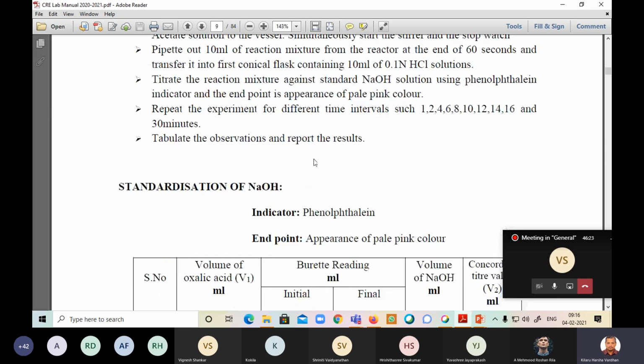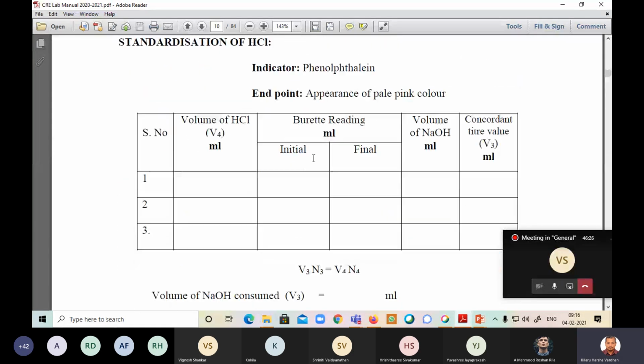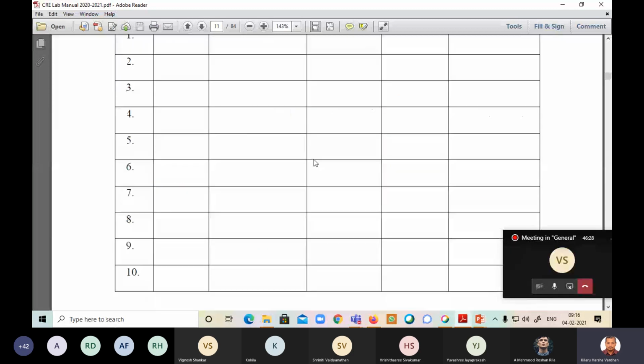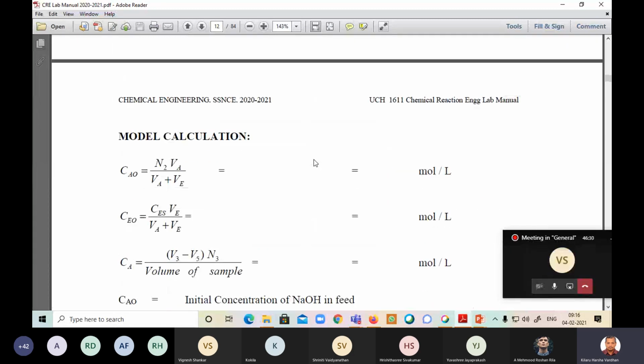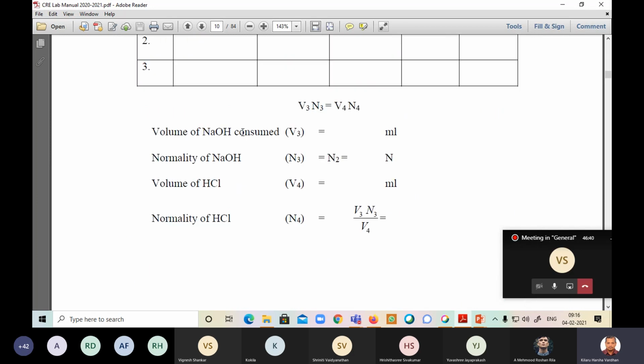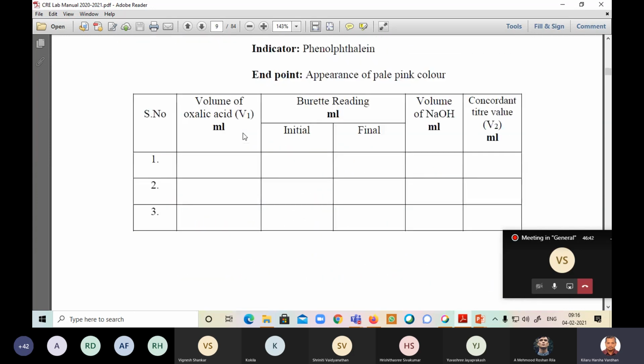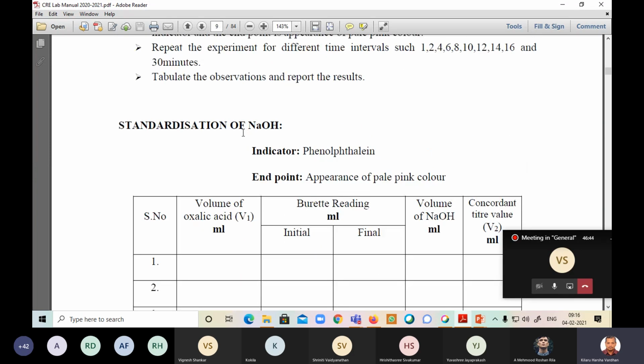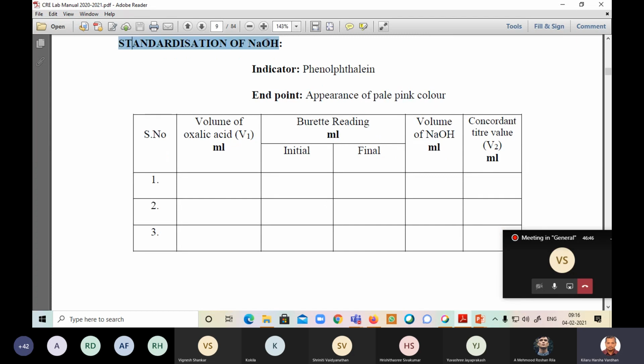To know that, all calculations are the same. One time I'll tell. CA0 is the initial concentration of NaOH, that is nothing but N2. What is N2? You have to standardize the NaOH. How are you standardizing the NaOH? Standardization of NaOH is done by the standard oxalic acid.